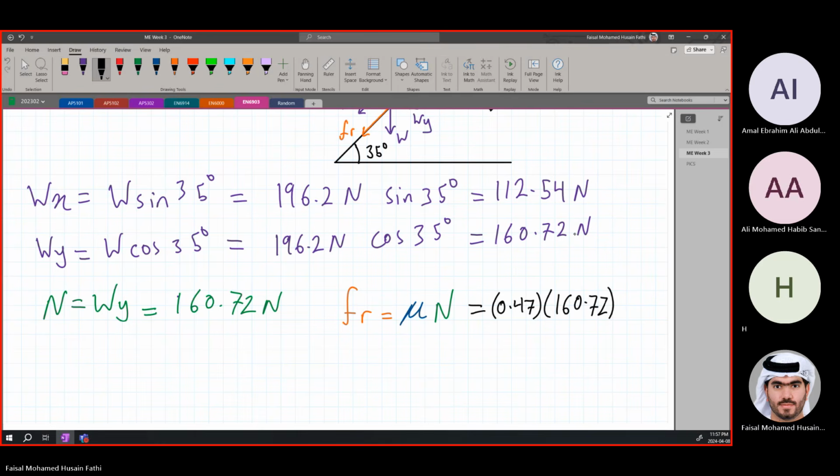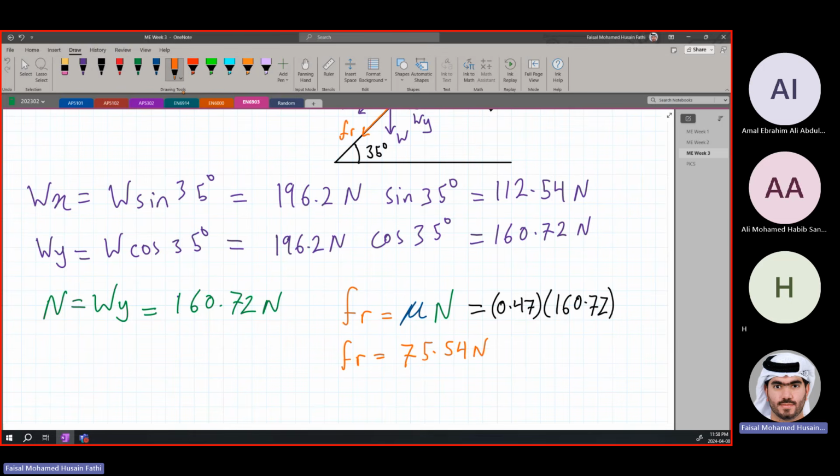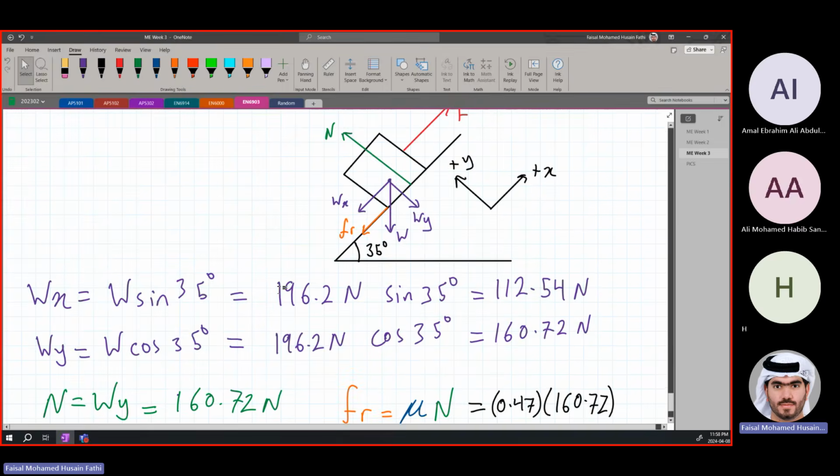Okay, now Fr is going to be equal to a new number, 75.54 newtons. Okay, 75.54 newtons.